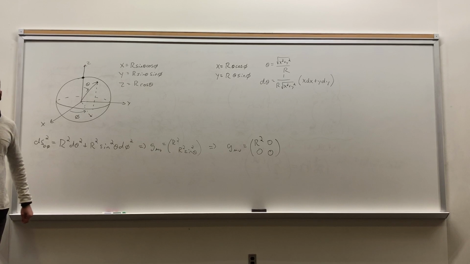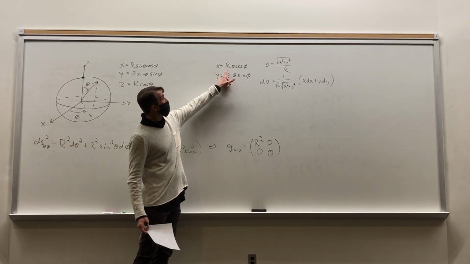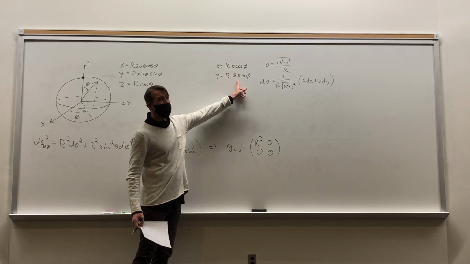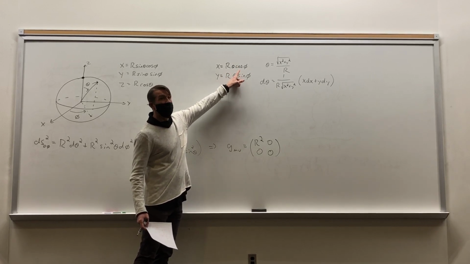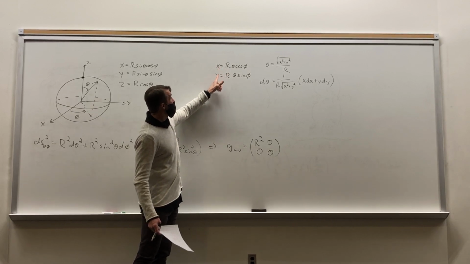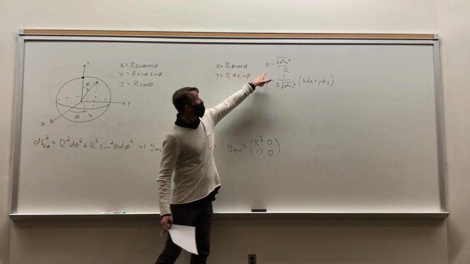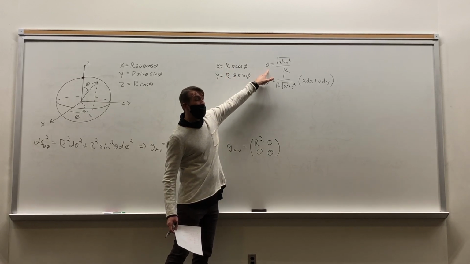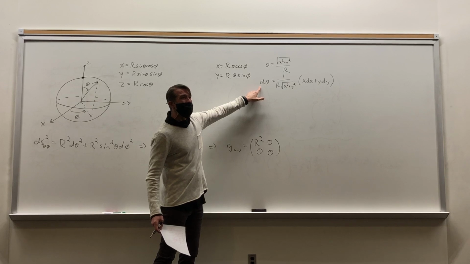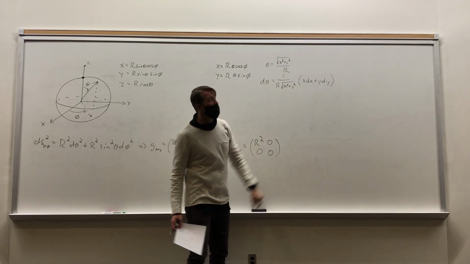Does everybody understand how I would do this? If I wanted to figure out theta, I would square this and add it to this squared, because then cosine squared plus sine squared is 1. And now I've got x squared plus y squared equals r squared theta squared. Well, that gives me this. And then I just do d theta of that, where I have to do dx, dy in this thing. Okay?